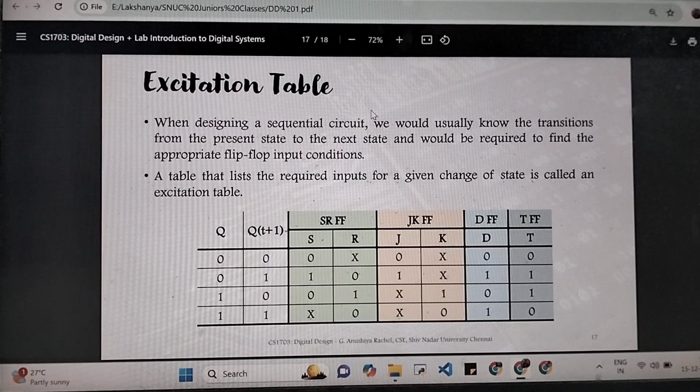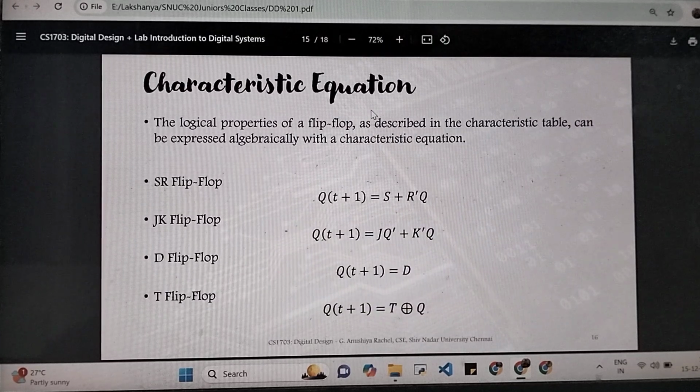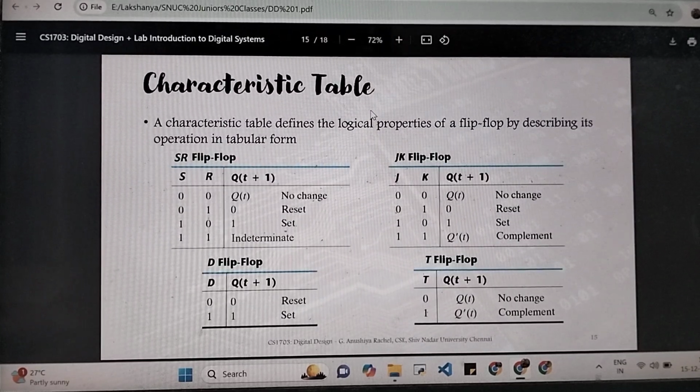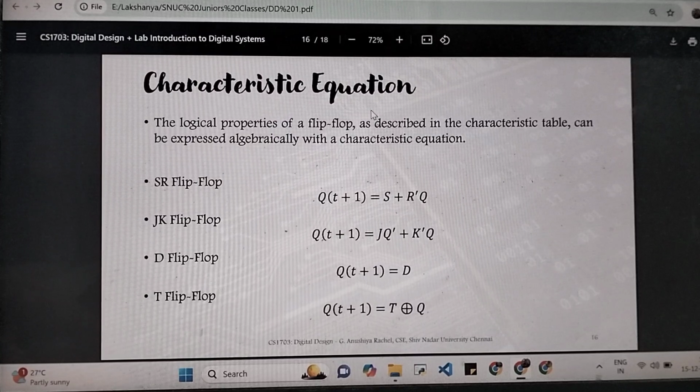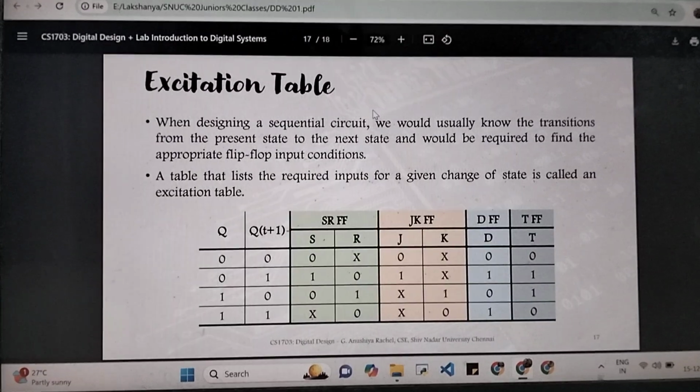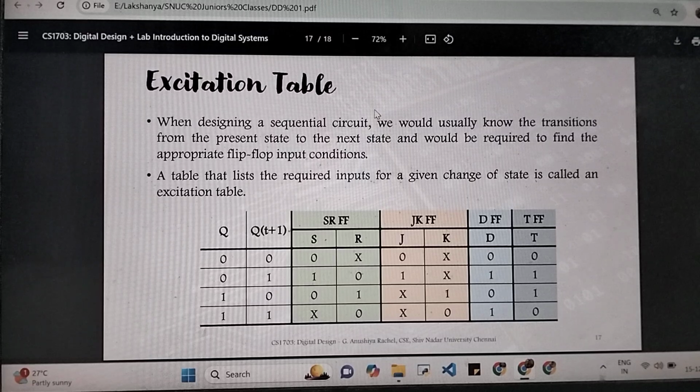So it is sort of the converse of what you would get from a characteristic table. So if you are in a situation where you know the inputs and the current state and you want to know the next state, you have to employ the characteristic table or equation. And if you are in a situation where you know the current state and the next state but you don't know what inputs to give, you have to use the excitation table.